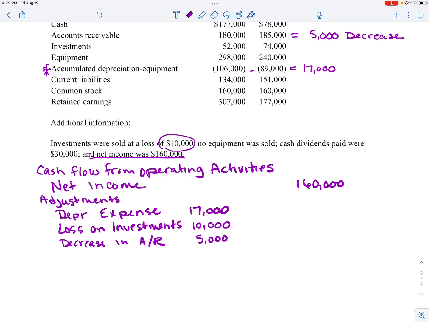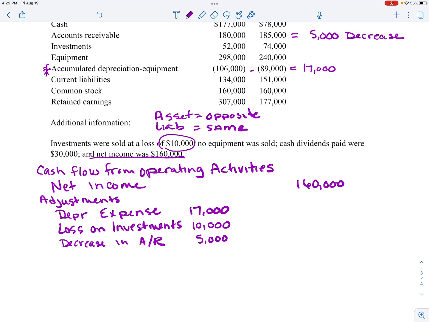Remember, from your reading, you should know that if we have a decrease in accounts receivable, we're going to add that back in. So one thing you want to remember, if it's an asset, you do the opposite. If it's a liability, you do the same. So whether it's a decrease or increase, that's something easy to remember it by.